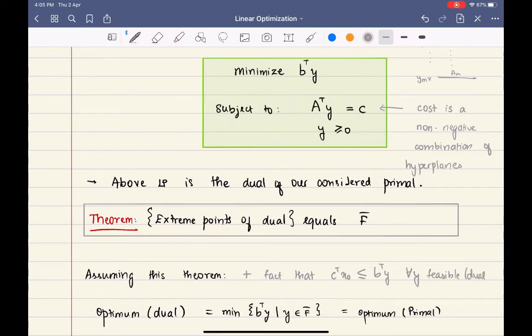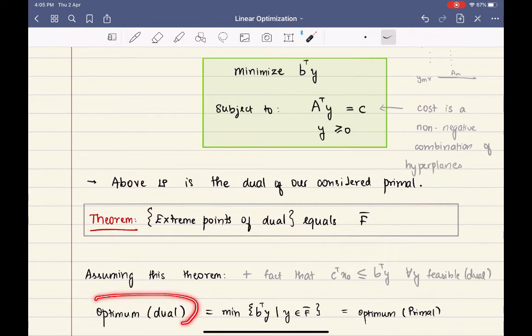of dual. So this part, using this plus the fact that, so what does this give? This says that this thing is bounded. Okay, so bounded from below because there's a minimization problem. Then the optimum will occur at an extreme point.